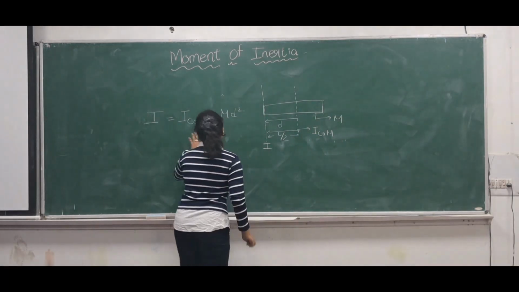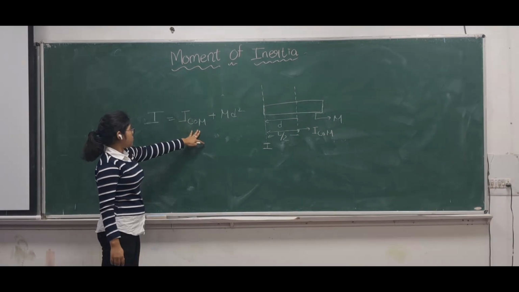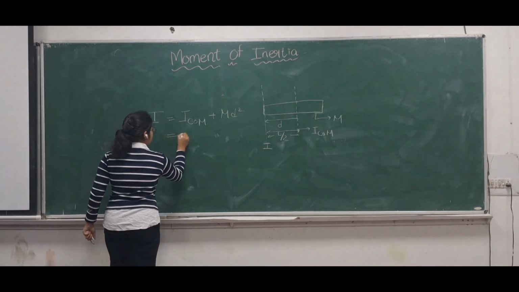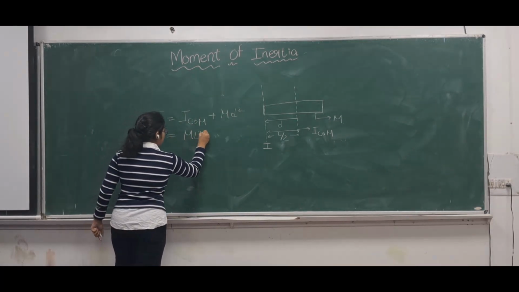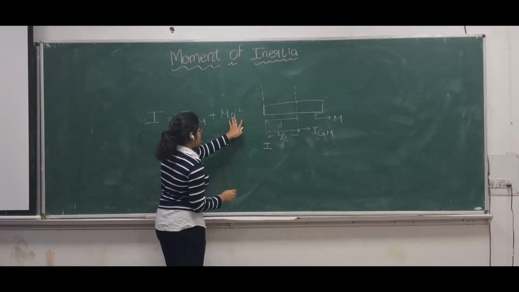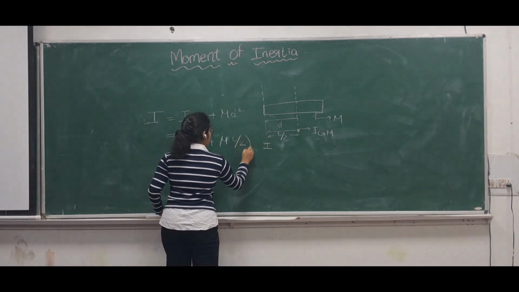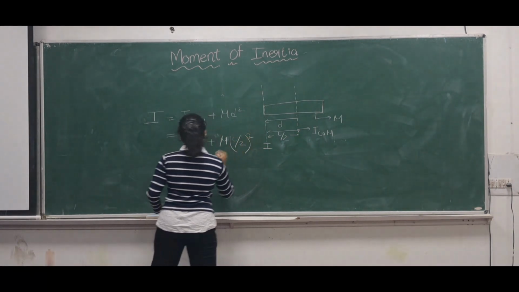Now we already calculated the moment of inertia about the center of mass, so we put this value, M L square by 12, plus mass times distance squared. Here this distance is L by 2, so M times L by 2 square.